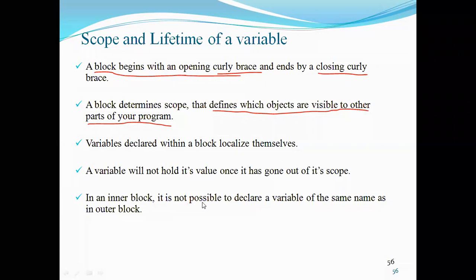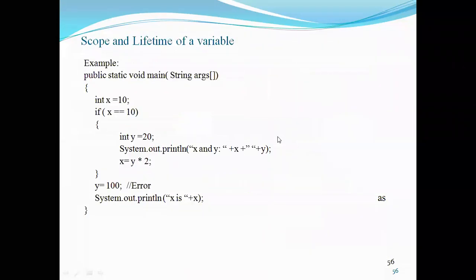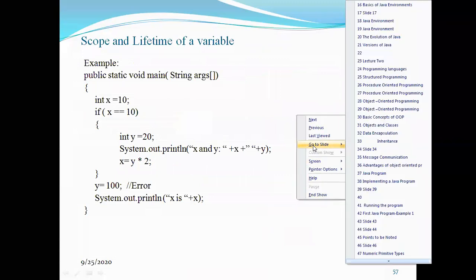In an inner block, it's not possible to declare a variable of the same name as in the outer block. You have nested blocks, right? So you cannot use the same variable name; the variable should be different. This is an example that represents the scope and lifetime of a particular variable. Here, the if statement is one block.